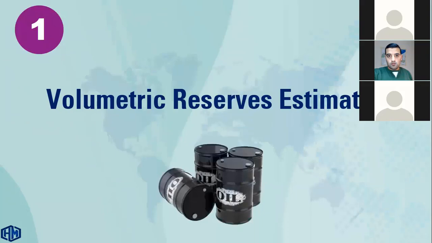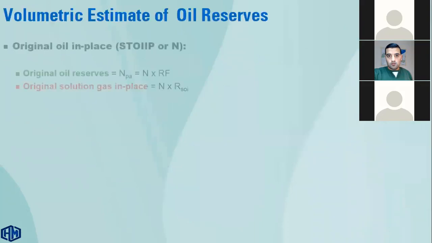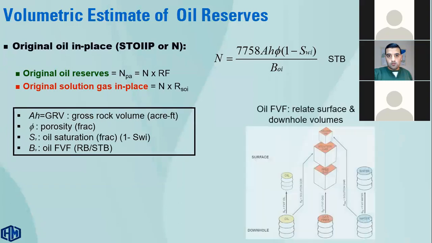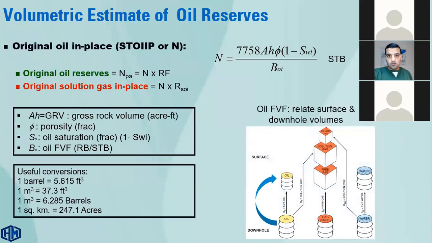The first technique is the volumetric reserve estimate. I think all of you are familiar with this equation: the STOIIP, stock tank original oil in place, or N, will be calculated using this equation as a function of area, H, phi, Swi, and Boi, the initial oil formation volume factor, in units of stock tank barrels. So original oil reserve will be N times the recovery factor, and original solution gas in place is N times the initial solution gas-oil ratio.